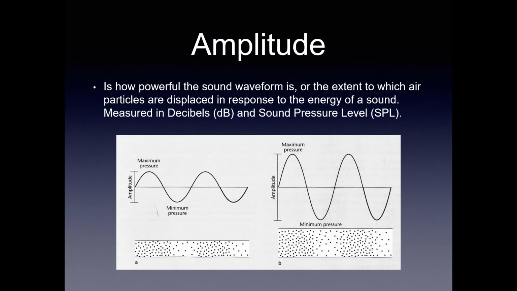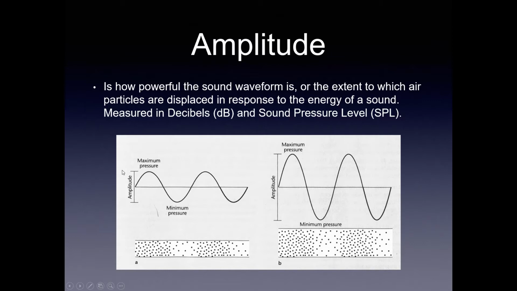Amplitude is how powerful the sound waveform is, or the extent to which air particles are displaced in response to the energy of a sound. It's measured in decibels and sound pressure levels. So here we have a picture of two different waveforms. One of them is a lot shorter, and so the amplitude is less.